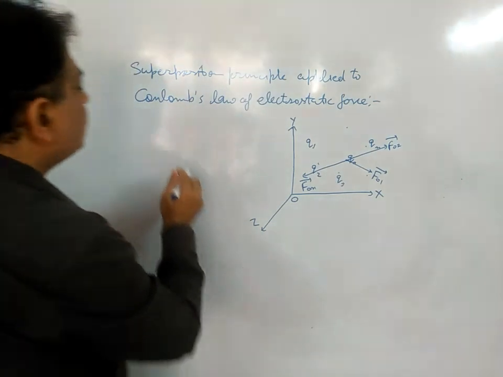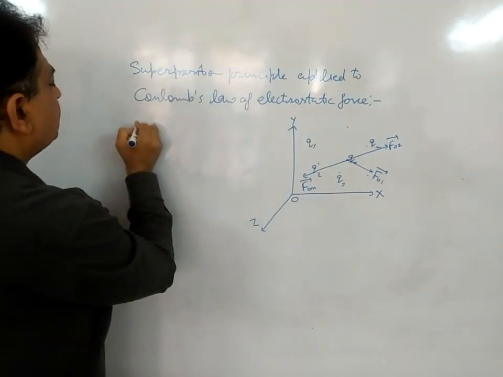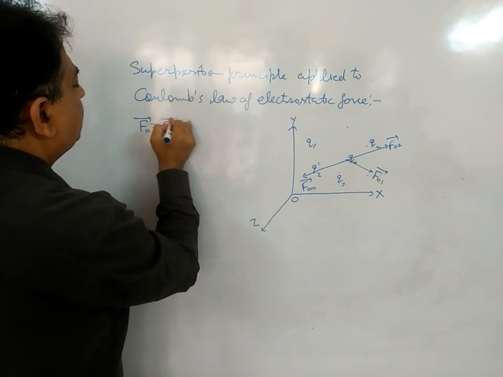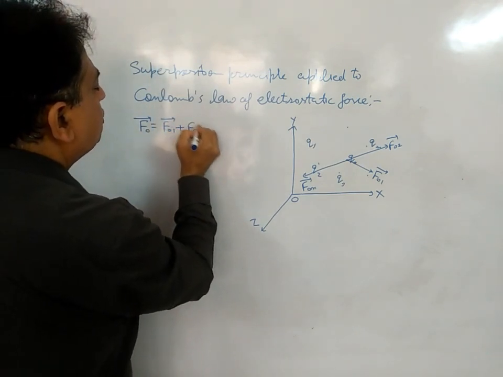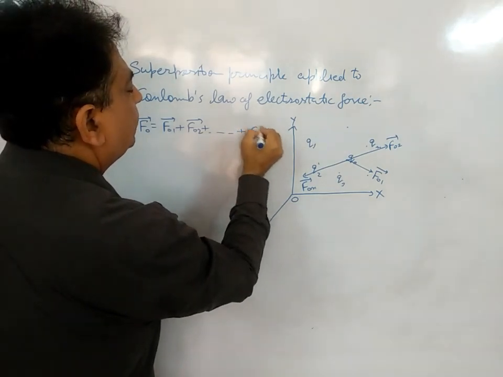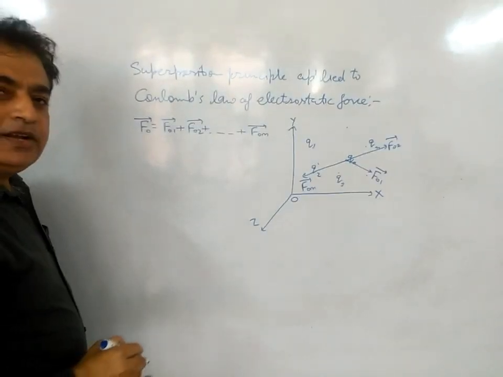Now according to superposition principle, F0 will be equal to F01 plus F02 and so on till F0n. It can be written like this.